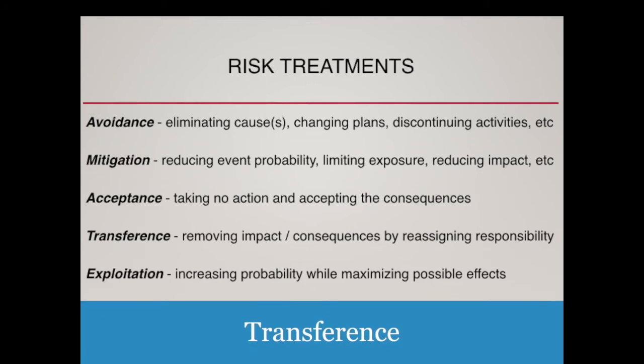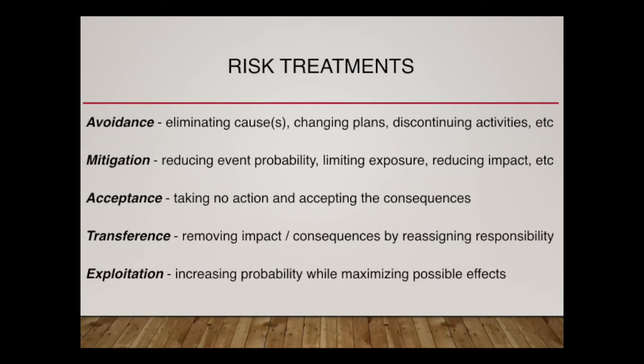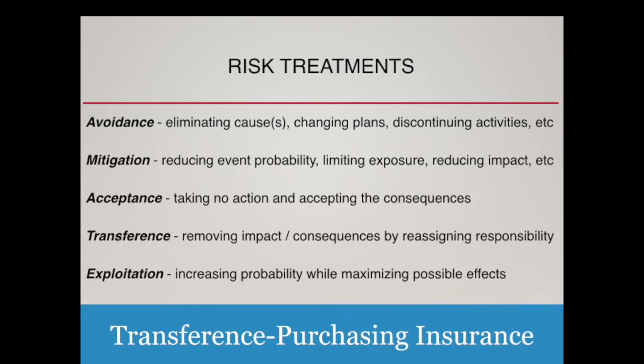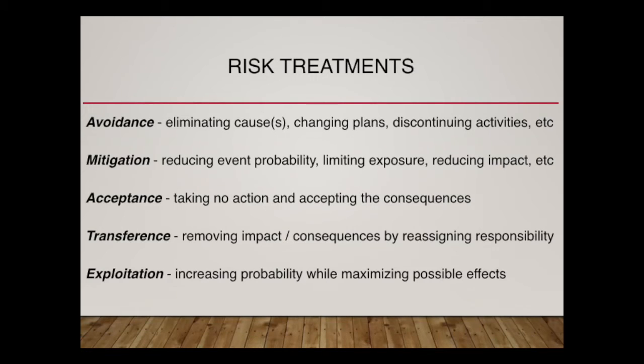Transference is removing impact and or consequences by reassigning responsibility. An example of transference would be purchasing an insurance policy that would cover the capital outlay or the penalties of a risk.